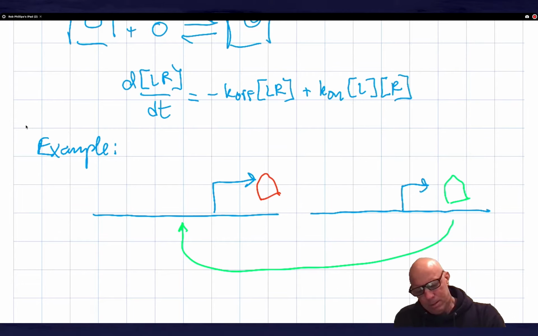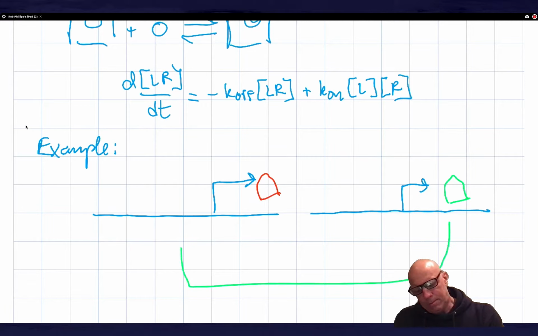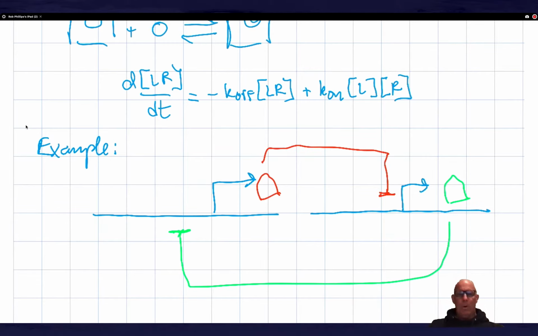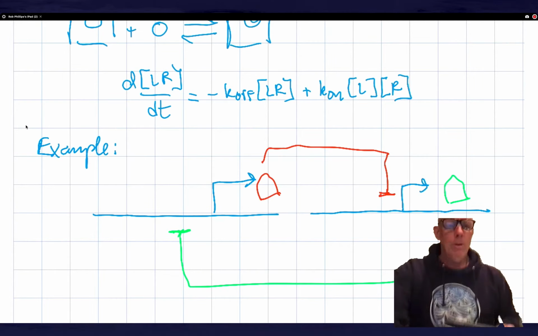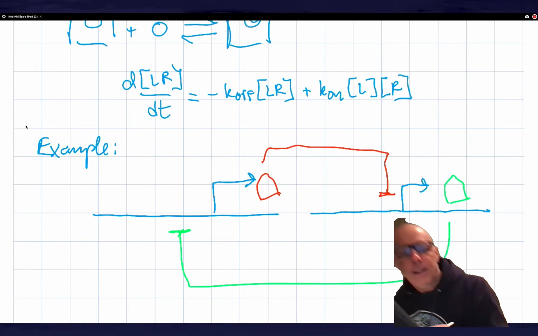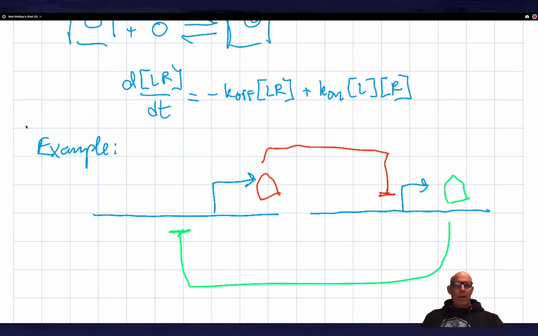Actually, I should probably use the proper notation for this, which is this guy comes over here and represses, and this guy comes over here and represses. So I'm going to use this symbol with the sort of flat arrow as my way of representing repression. So let me annotate that. So this refers to repression.